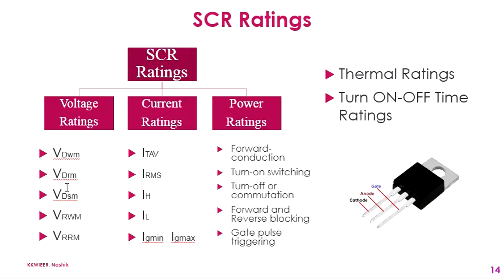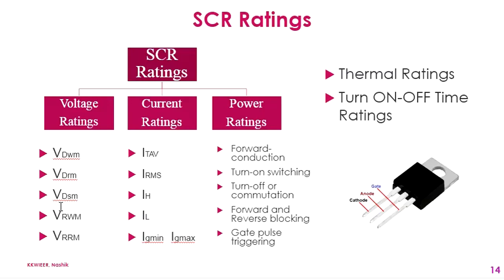Then the second is VDRM, the repetitive peak off state forward voltage. It refers to the peak transient voltage that a thyristor in the off state can block repeatedly in the forward direction. This rating is specified at the maximum allowable junction temperature with the gate circuit open or with a specified biasing resistance between the gate and cathode terminals.